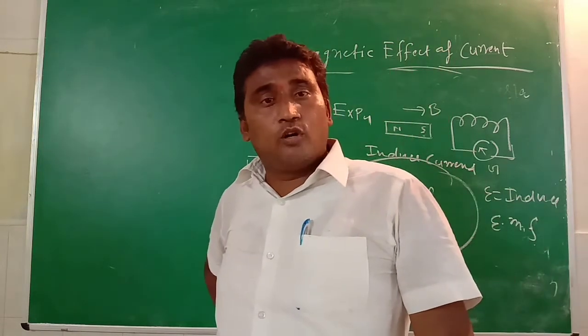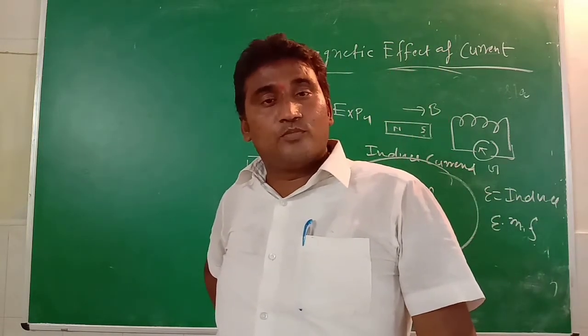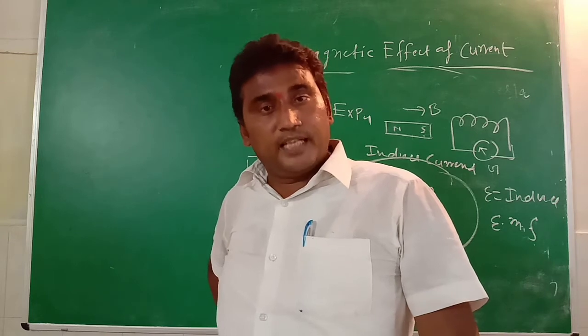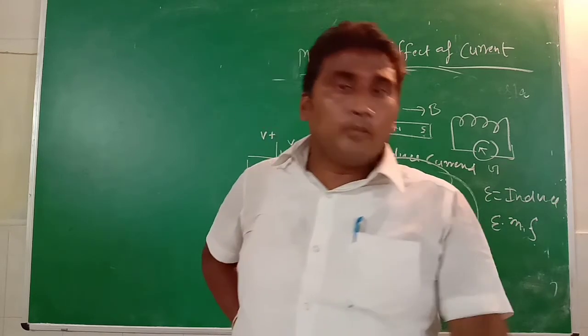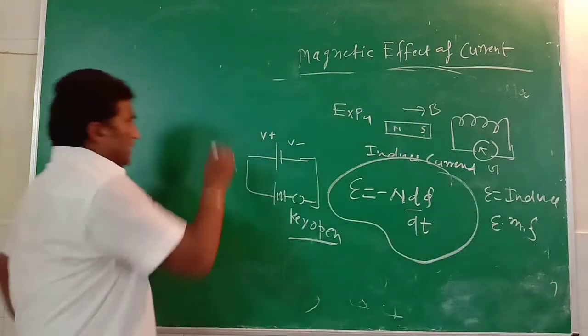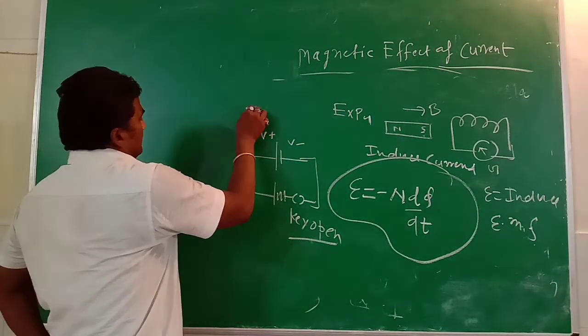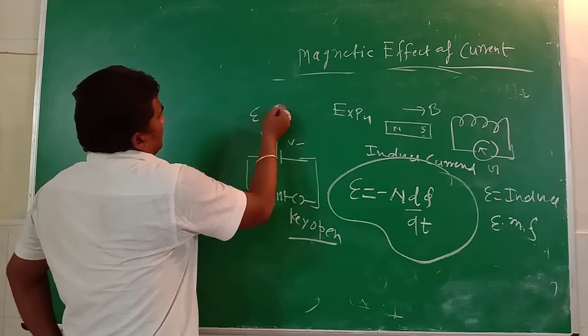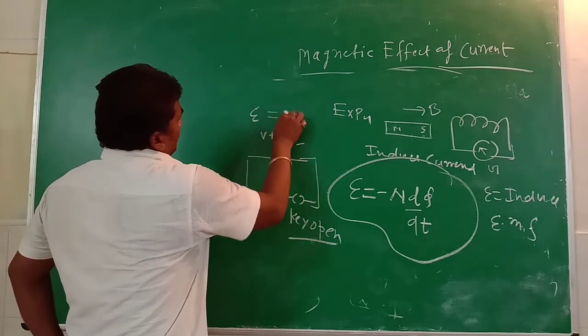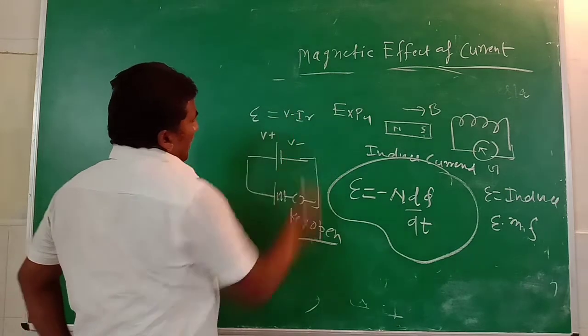When the key is closed and the potential difference is developed between the positive and negative plate of the cell, that is known as terminal voltage, and it is mathematically represented by E is equal to V minus Ir.